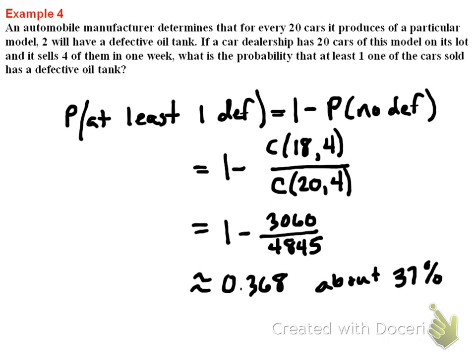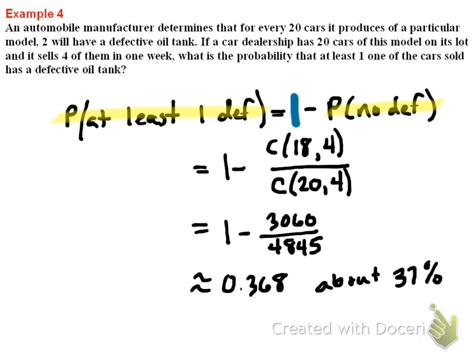Okay. Now just to clarify how this problem was set up again, another way to look at that is that if I took the probability of selling at least 1 defective and added to that the probability of selling no defectives, the combination of the 2 of them would give me 100% of everything that's sold, or 1 for my probability.